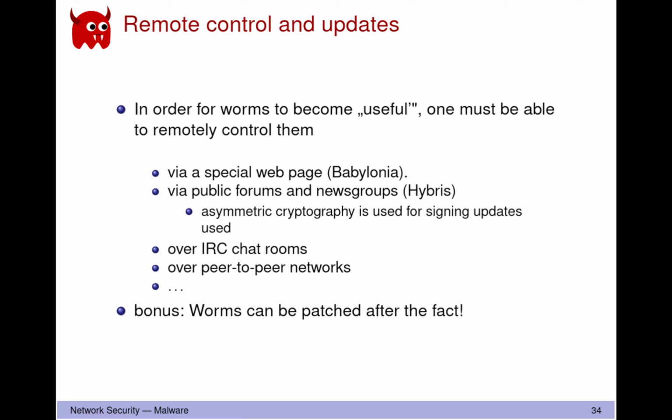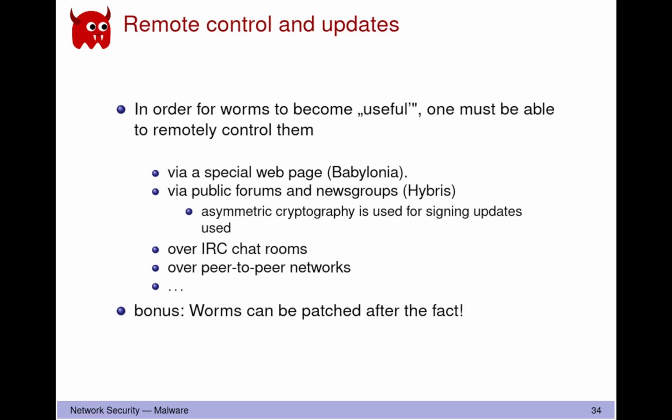And depending on how successful the worm is, you get more or less quick adaptations. So, what's the next step? You are basically creating a set of available bots that you can control. That's your goal, and then you want to remote control them.